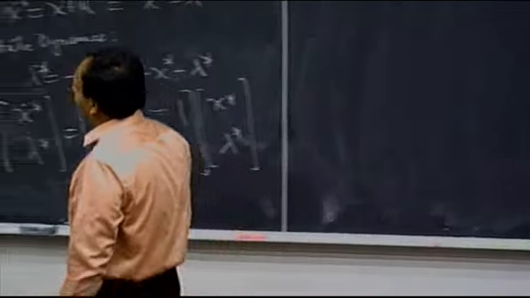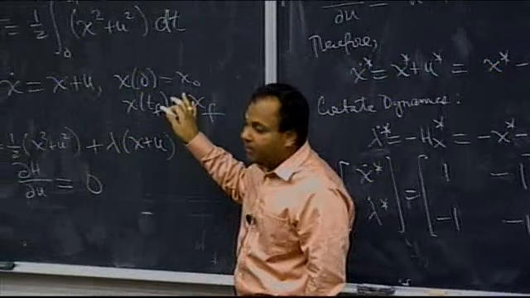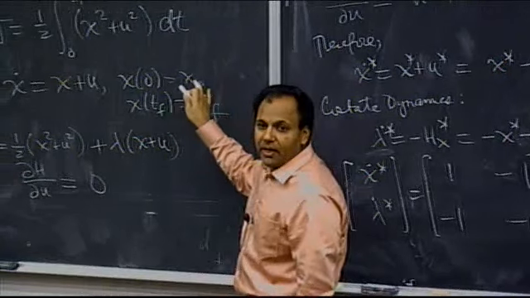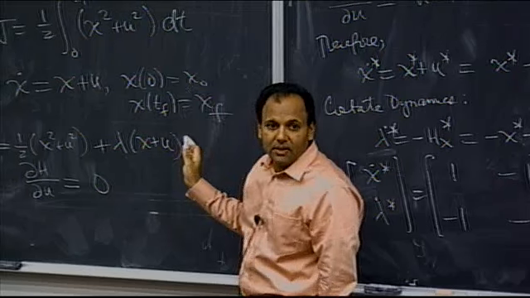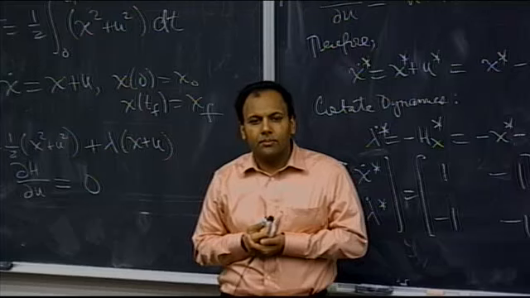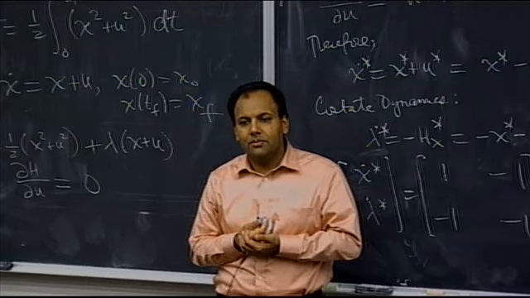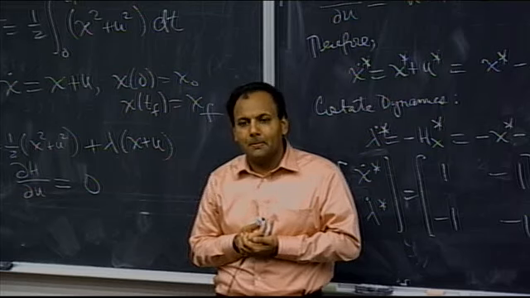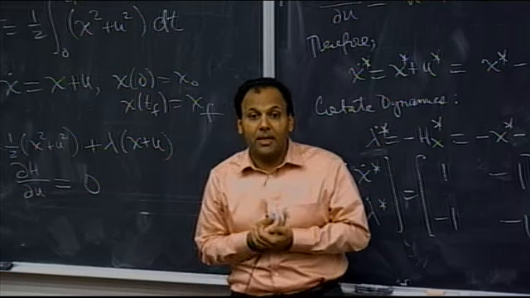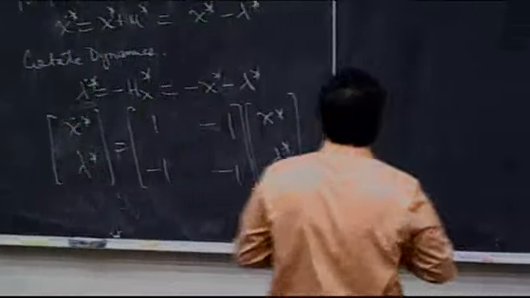This is something you have to understand if you're going to do this on a more complicated problem. I gave you an initial value of the state, and I gave you a final value of the state. So what do you know about the costate? What's the initial value of the costate? We don't know. What's the final value of the costate? You don't know that either.